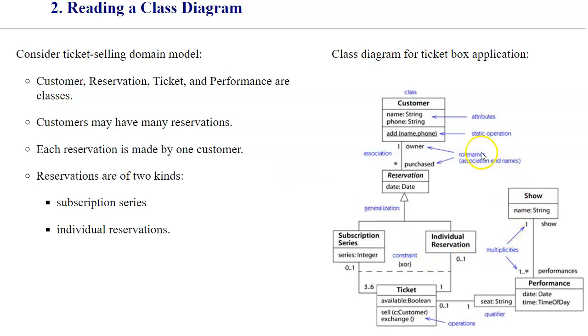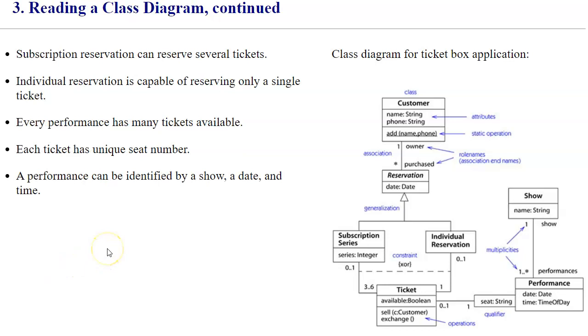Just keep in mind that this is a summary of various elements of a class diagram on this specific page. There are various ways to read the diagram, and from this diagram it's possible to conclude that, for example, subscription reservation, which is represented by this box, can reserve several tickets, and that refers to the relationship to the ticket box right here.